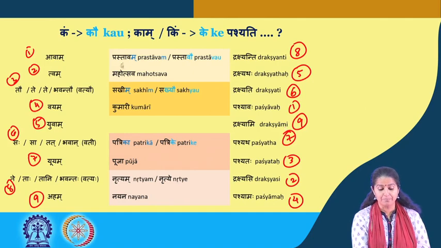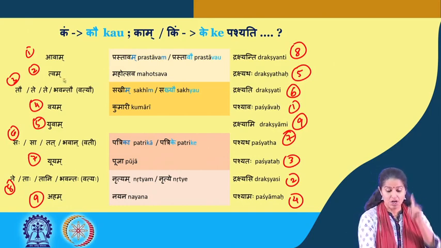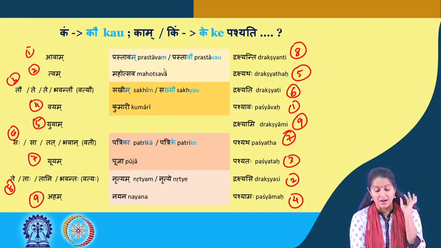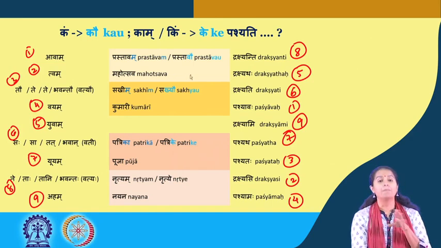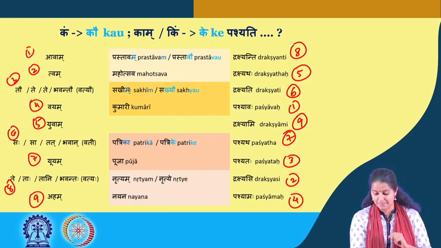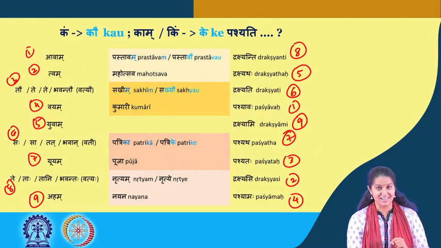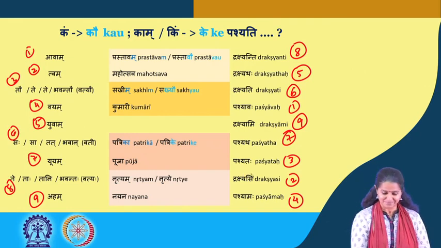So, avam prastavam drakshyavaha becomes avam prastavau drakshyavaha or pashyavaha. So, it's pashyavaha in the present tense. Next, tvam mahotsavam. What did we have here? Drakshasi, and that will become tvam mahotsavau drakshasi. Tau sakhim pashyataha becomes tau sakhyau pashyataha.